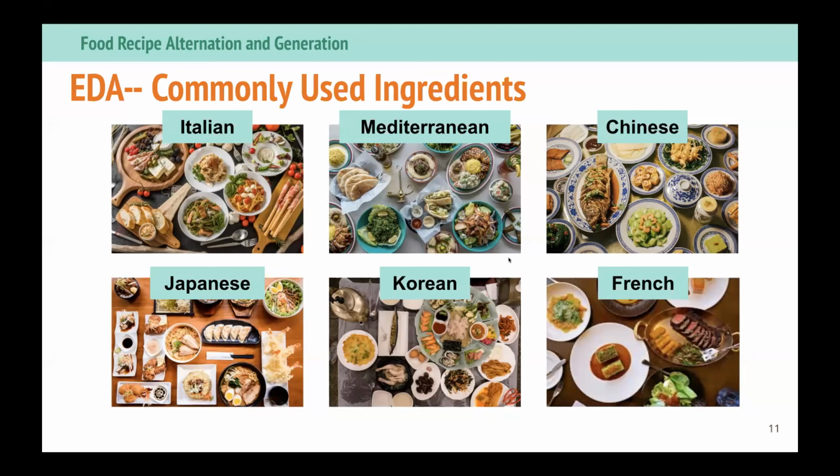The maximum of shared ingredients is 16 between the pair of Italian and the Mediterranean. Japanese and the Korean shared 15 ingredients. Chinese and Japanese, also French and the Mediterranean both shared 14 ingredients. Those findings are not surprising since those cuisine styles are well known to be similar.